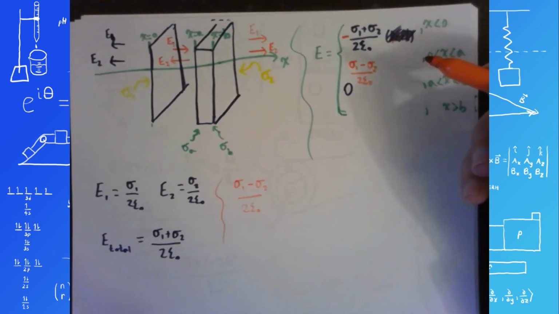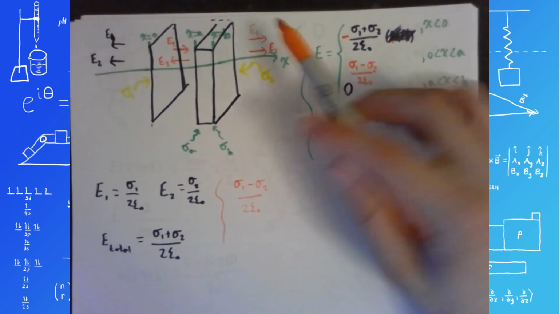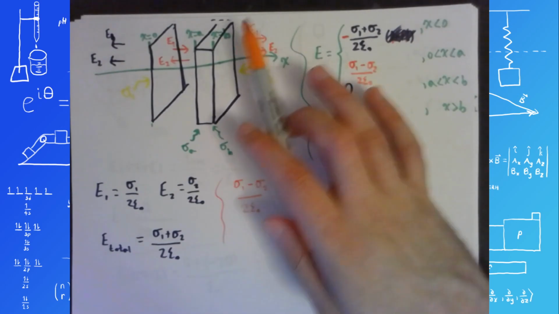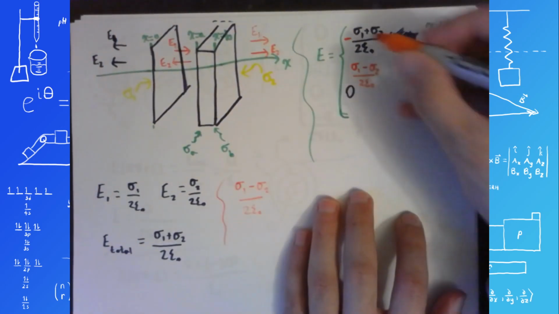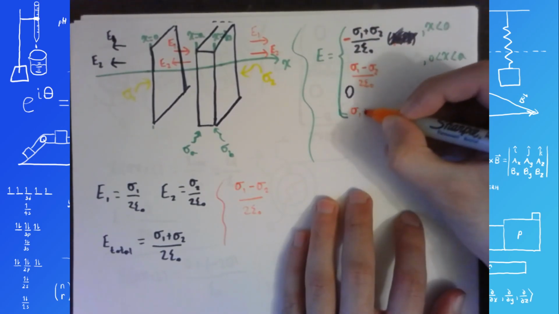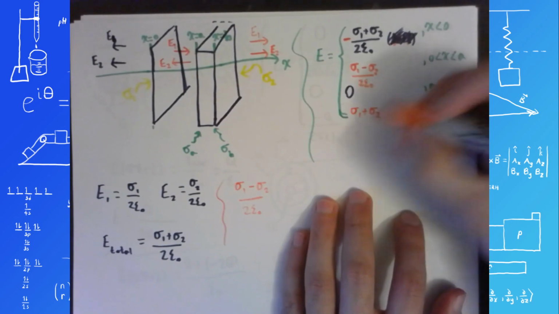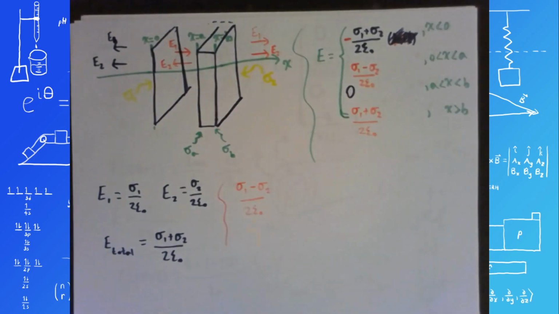So we can just write, well, it's going to be E1 plus E2, but this time the net electric field is to the right, so I don't need the negative sign that I included over here. So I just get sigma 1 plus sigma 2 over 2 epsilon naught without the negative sign in front.